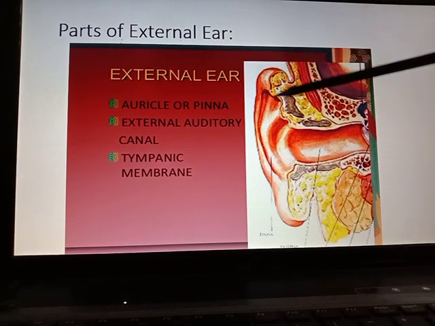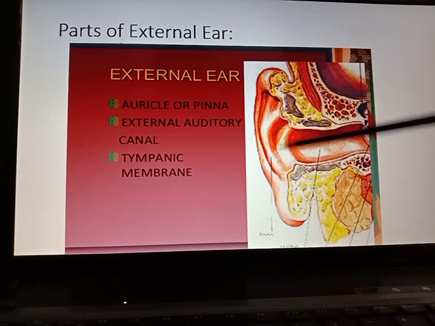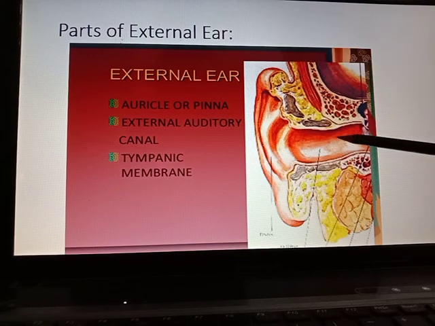This part is the auricle or the pinna, this is the external auditory canal, and this region is the tympanic membrane.